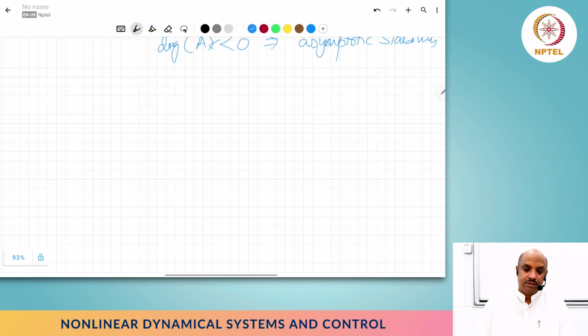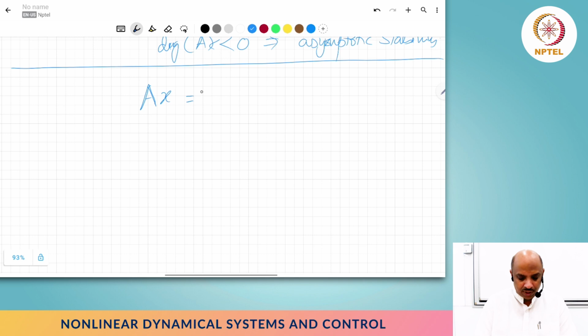Well, let's go back a little bit and understand square matrices and eigenvalues. If you recall, the definition of eigenvalue is something like this: Ax is going to be equal to lambda x, where x is non-zero and lambda could be 0.